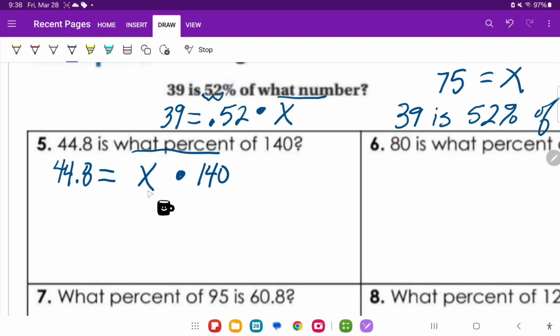We want to get the x by itself, because we break this into the left and right. So we want to divide by 140, and you have to divide by 140 on the other side as well. So over here I'm left with x, and over here I have 44.8 divided by 140.